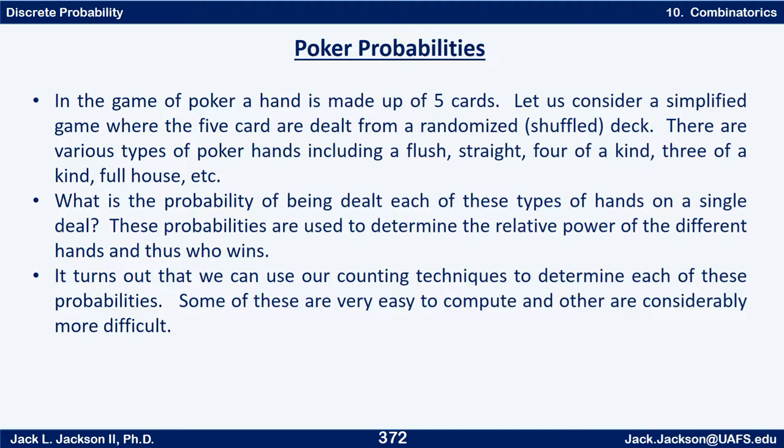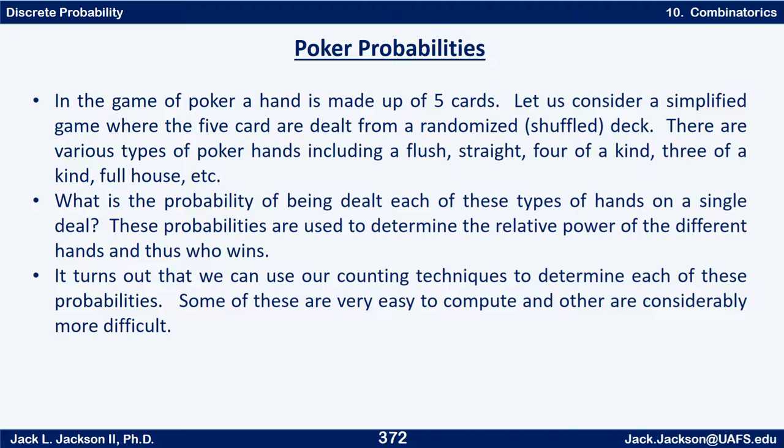So what's the probability of being dealt each of these types of hands on a single deal? Of course, that's not usually what happens. Usually you turn some cards back in, or there are shared cards, depending on the variation of poker you play. But it's all based on this basic setup. And the probabilities we're going to be computing are used to determine the relative power of the different hands, and thus which hand beats which other one.